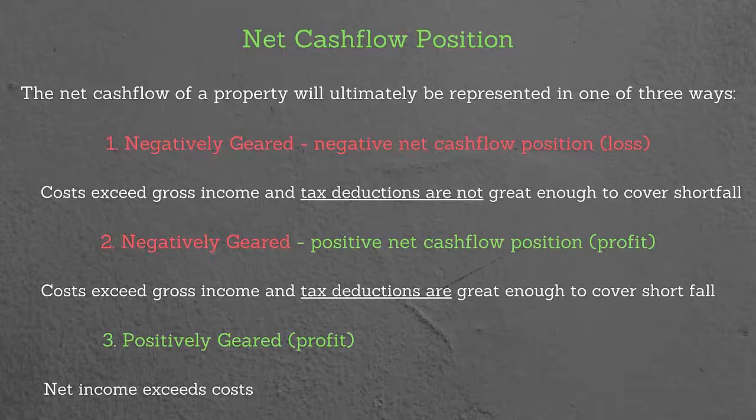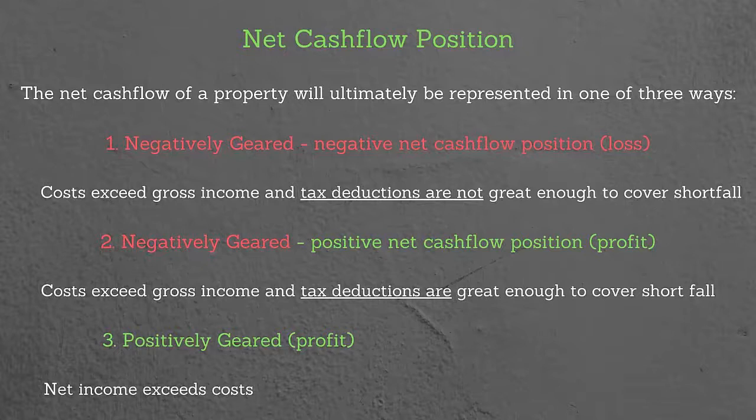So they're the three positions a property can be in regarding cash flow. Negatively geared can be represented as a negative net cash flow position or a positive net cash flow position. And then there's a positively geared property, which again has a situation such that the income itself covers all those costs associated with holding a property.